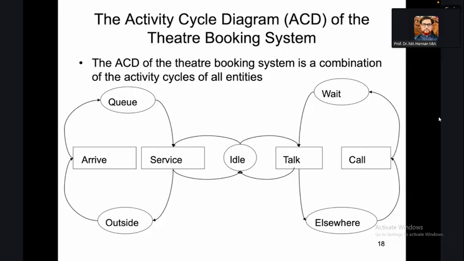The theater booking system এর এসসিডি ভিতরে এখানে আমরা সব কম্বাইন করেছি, দেখো কিভাবে। The ACD of the theater booking system is a combination of the activity cycle of all entities. So our one entity was the booking clerk in the middle.